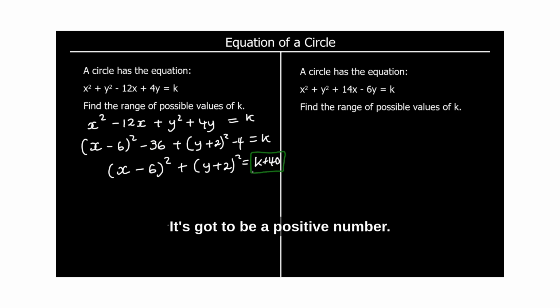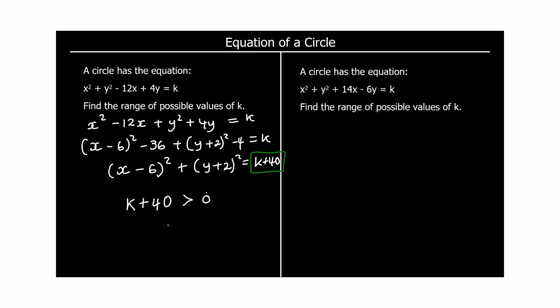The radius can't be negative, or r squared certainly can't be negative. So we're going to have to say k plus 40 must be greater than 0. So k must be greater than negative 40.